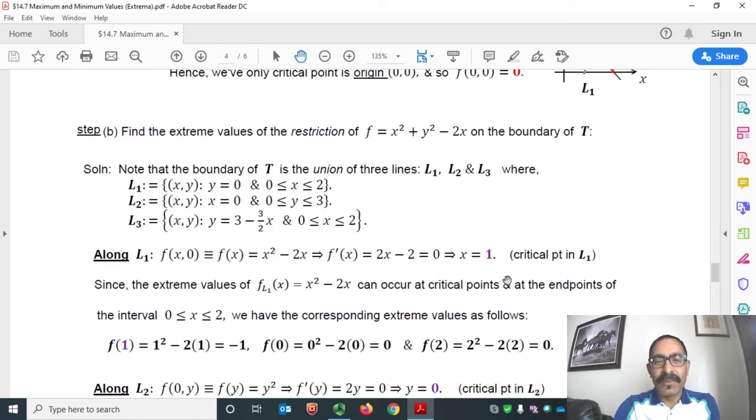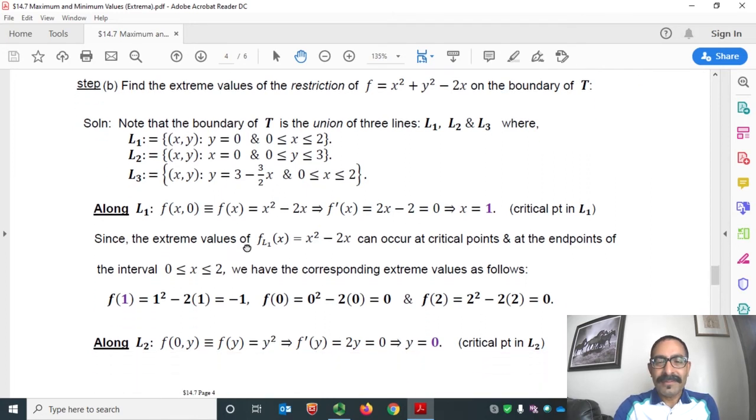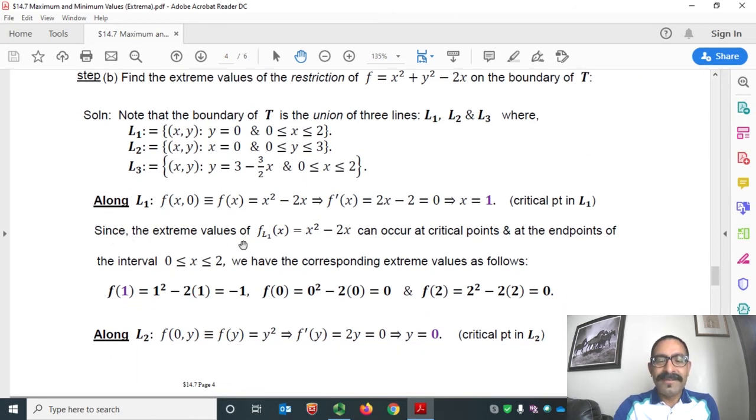So we found a critical point of the restricted function on L1, which is 1. Then, this is important, the extreme values of the restriction of the function on line L1, which is a function of x, that is x squared minus 2x, can occur at critical points and at the endpoints of the interval.